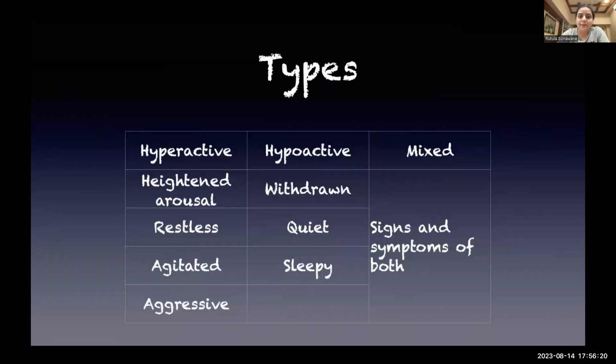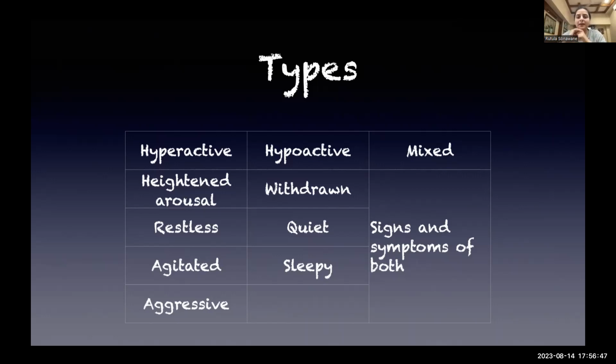So coming to the types of delirium, it's basically hyperactive delirium, hypoactive delirium, or a mixed type of delirium. Hyperactive delirium is the one which is most commonly noticed by everyone, where the patient is agitated and restless and maybe sometimes aggressive. So it's basically a heightened arousal state of the patient. In hypoactive, it is the opposite of that.